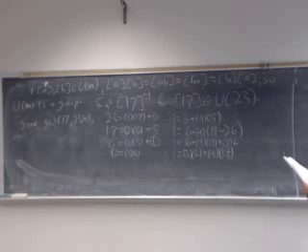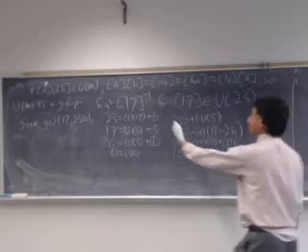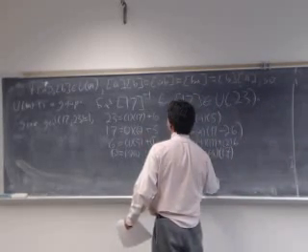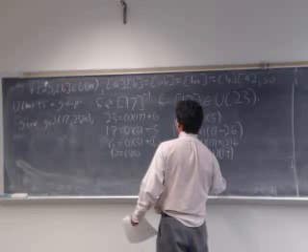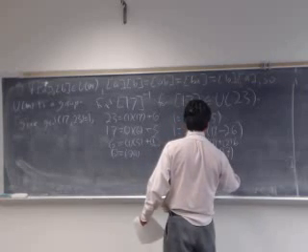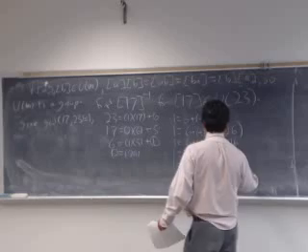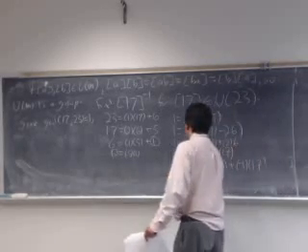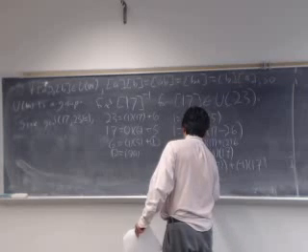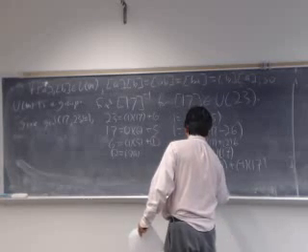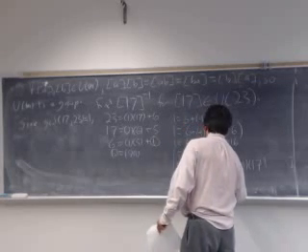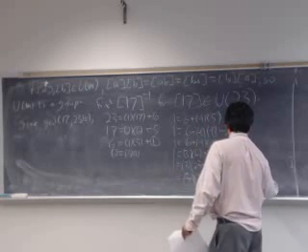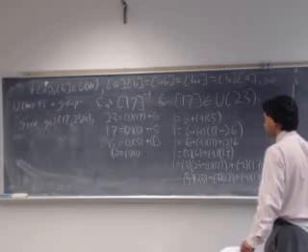And now, what's my next step? I would replace 6 by 23 minus 17. So 1 would be 3 times 23 minus 3 times 17 plus negative 1 times 17.